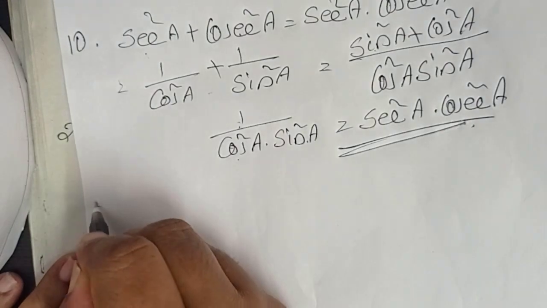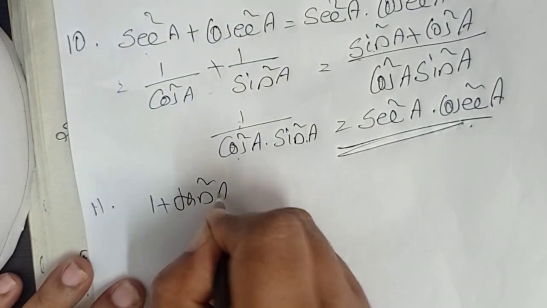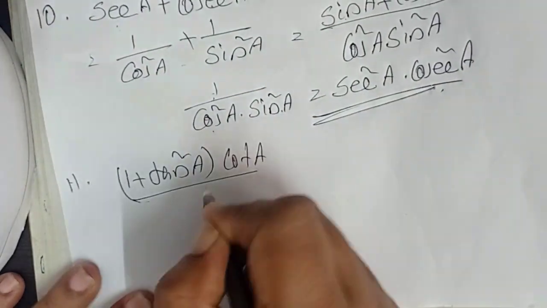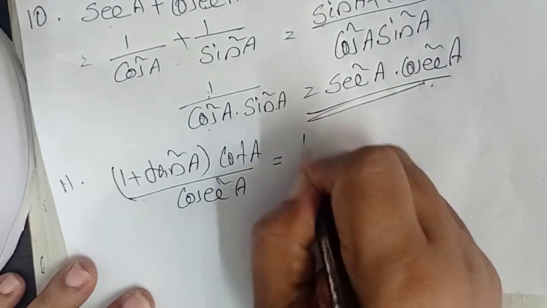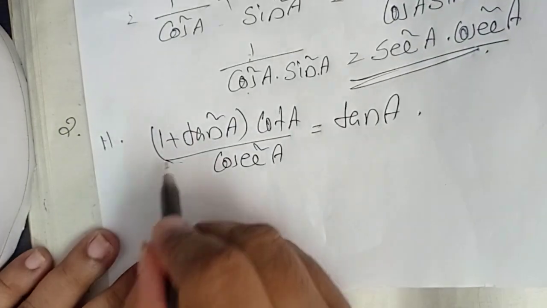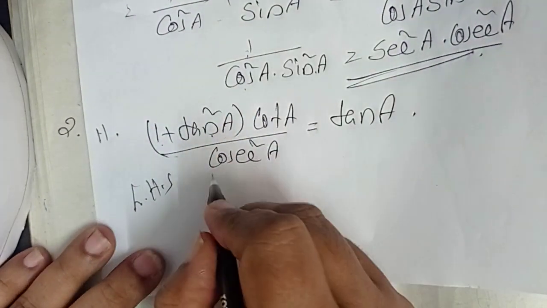Okay, then 11th problem. (1 plus tan square A) into cot A by cosec square A equal to tan A. Here also taking the LHS. Can you say what is 1 plus tan square A?